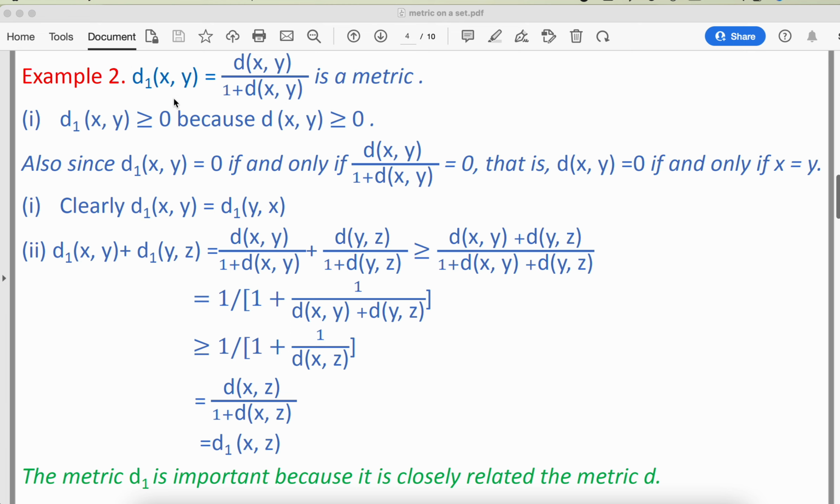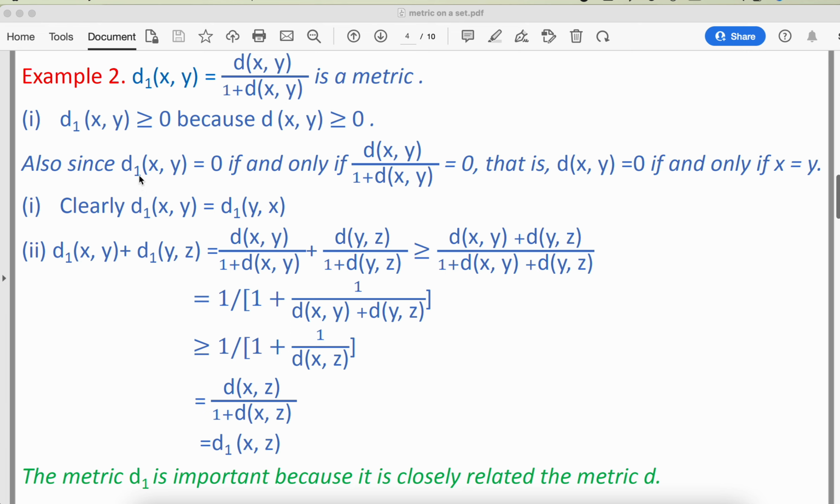To check whether it is a metric or not, we will check all three conditions. First, the distance between two points should be greater than or equal to 0. Because d is a metric, d(x,y) is greater than or equal to 0. It means 1 plus d(x,y) is also positive, so d1(x,y) is greater than or equal to 0.